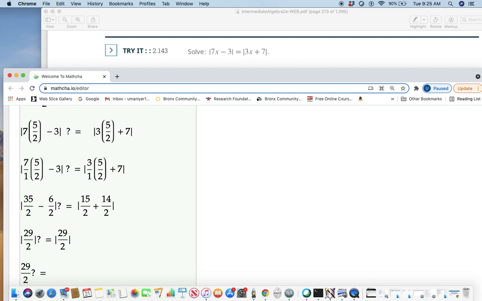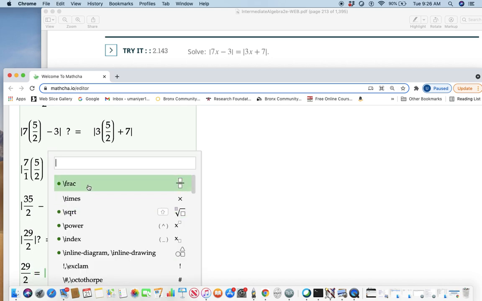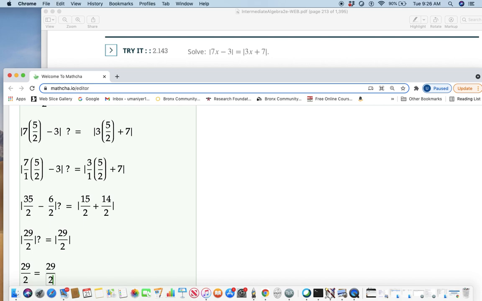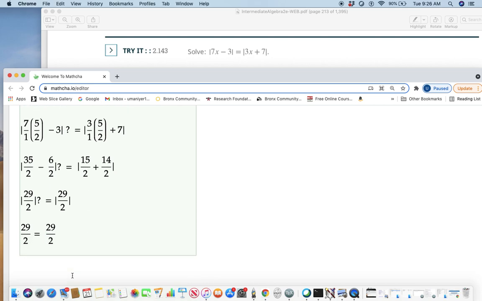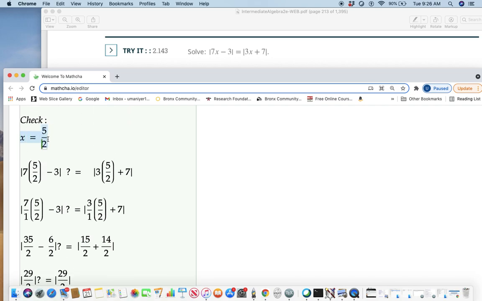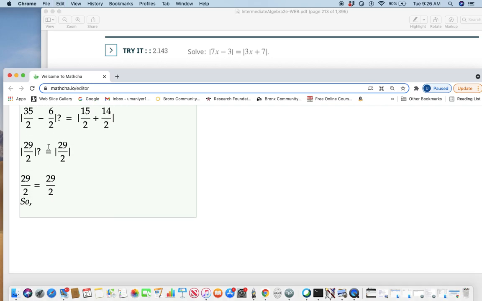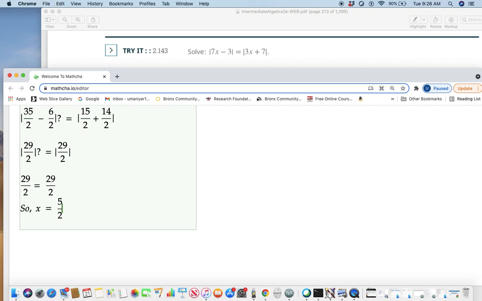So we arrive at the same 29 over 2. No longer do you need the question mark. Okay, so our proposed 5 over 2 is a solution.